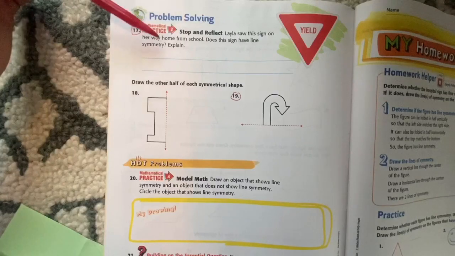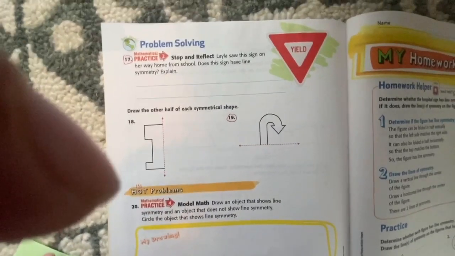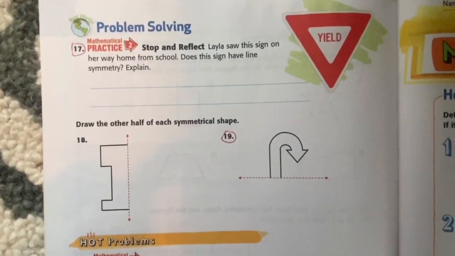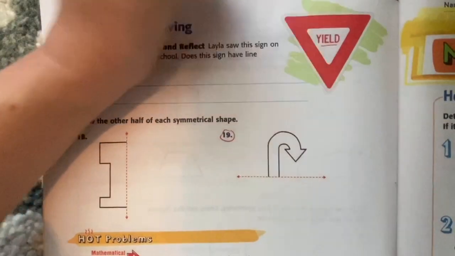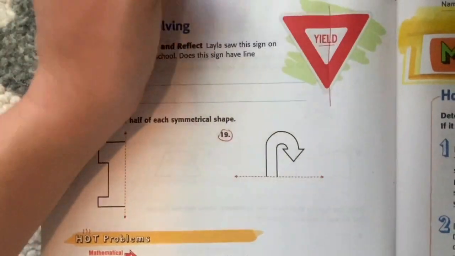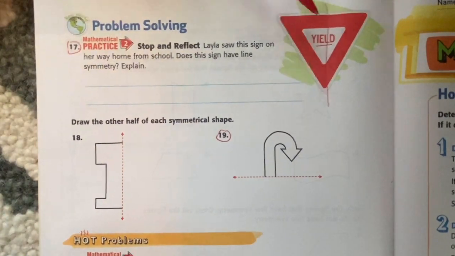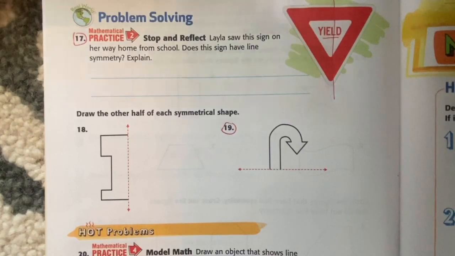Layla saw the sign on her way home from school. Does this sign have line symmetry? Explain. Well, we know that triangles have line symmetry, but what's different about this triangle that it says yield in it? Now, if we had a line down the middle, it wouldn't be symmetrical because the Y and the D wouldn't mirror, okay?